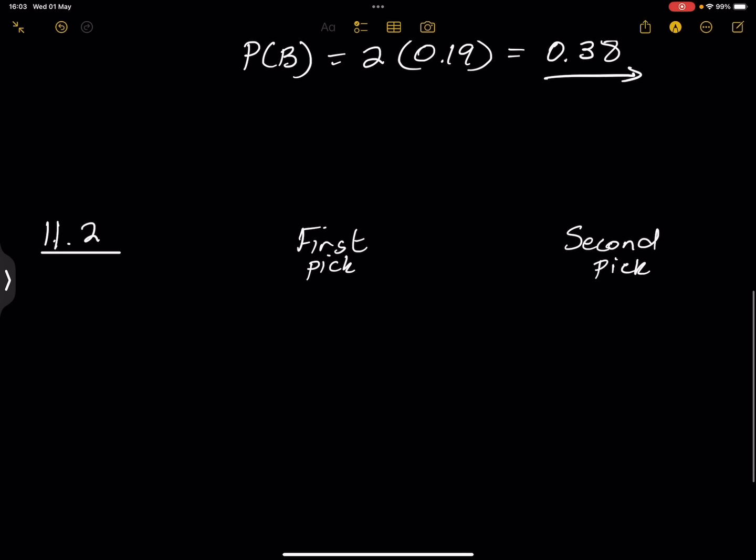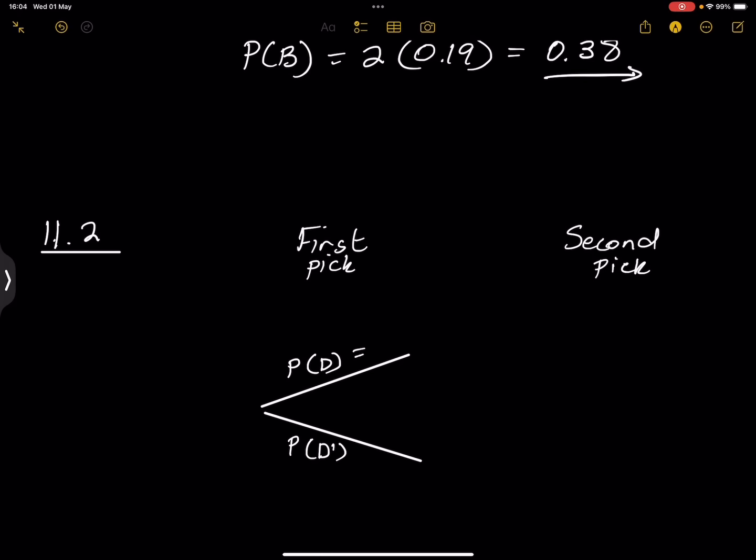So in the first pick, what do I have? I'm going to pick a calculator. Now there's a probability that it is, in this case, defective, and the probability that it is not defective. So I'm going to represent them that way.